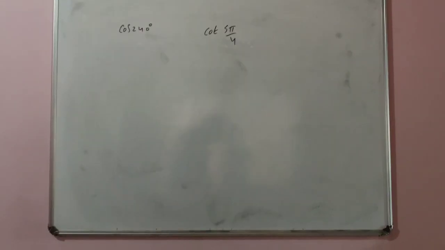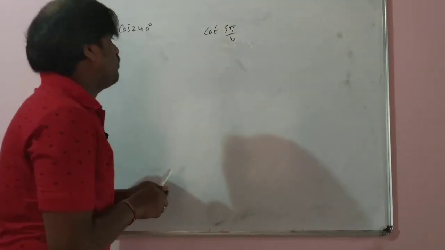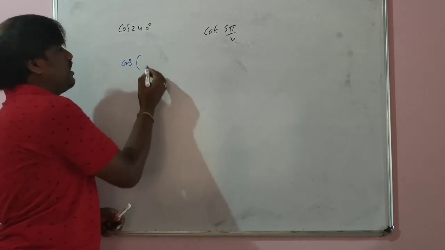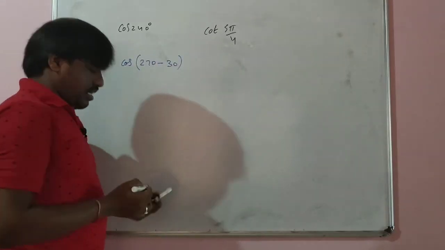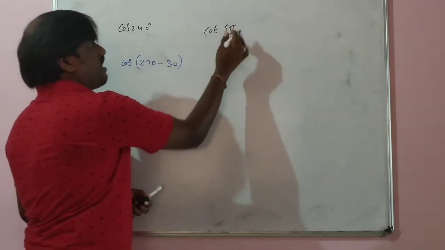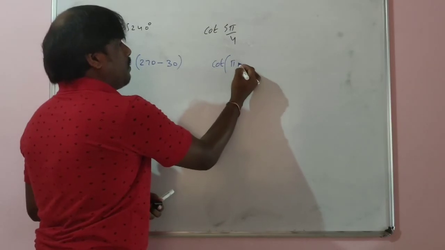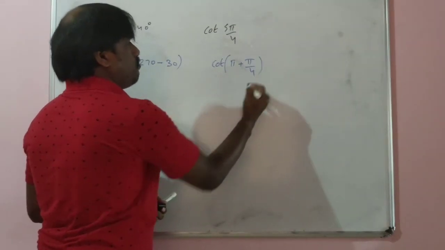Now you can see questions like this. Cos 240, I want to find cos 240. I can write cos 240 as cos of 270 minus 30. And cot pi by 4, I can write as cot of pi plus pi by 4.